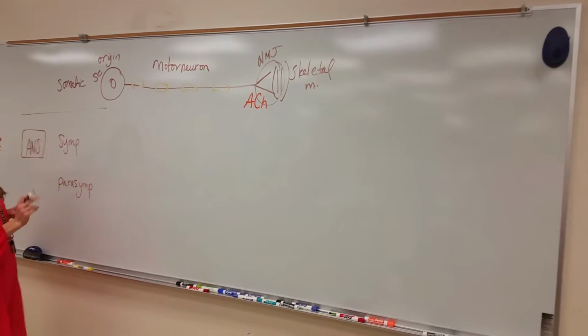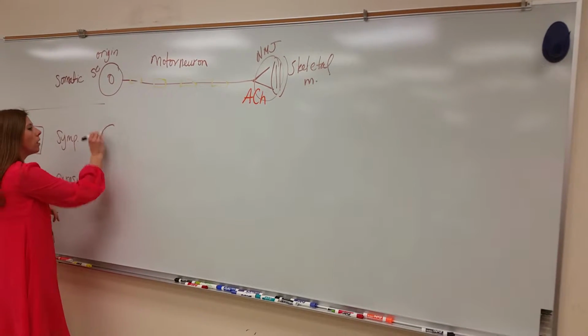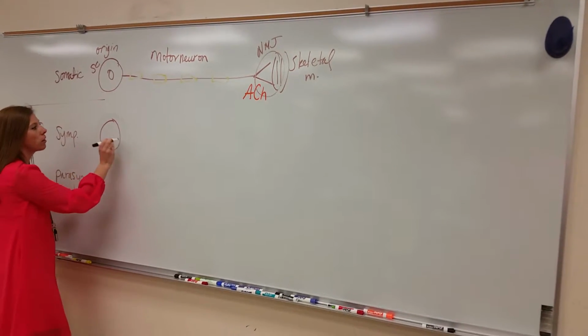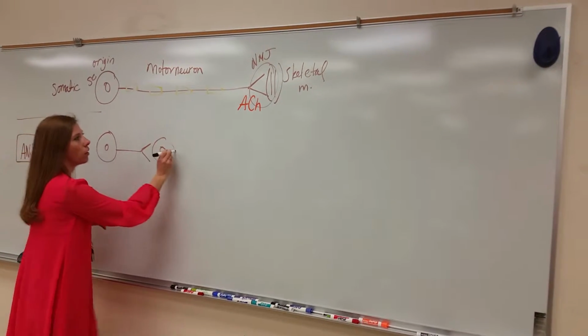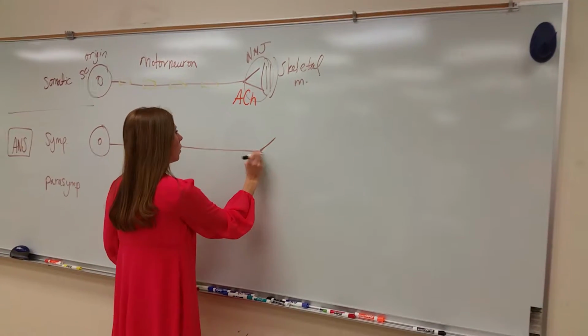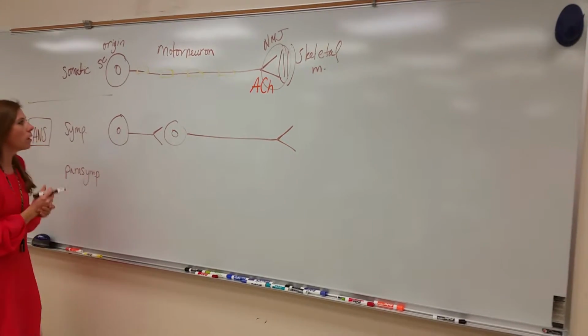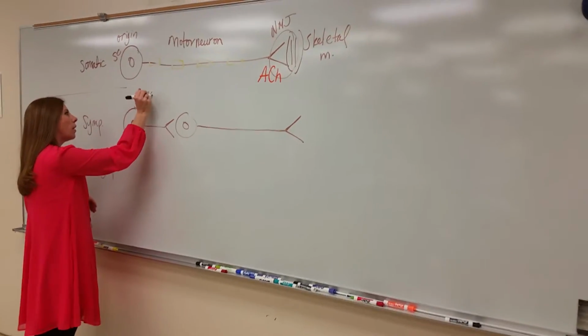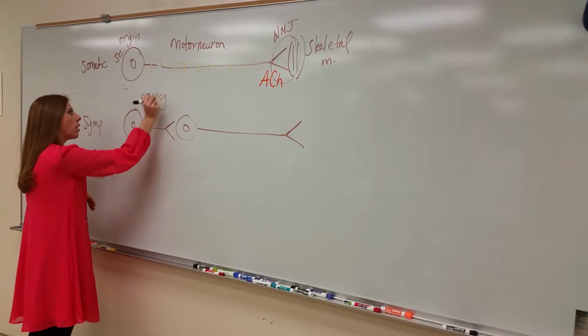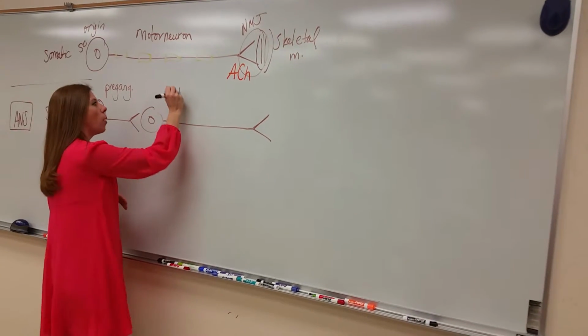Both are two neuron pathways, and the length of the respective neurons is different. The first neuron is called the preganglionic, and the second one is called the postganglionic.